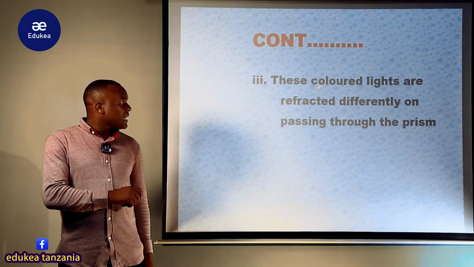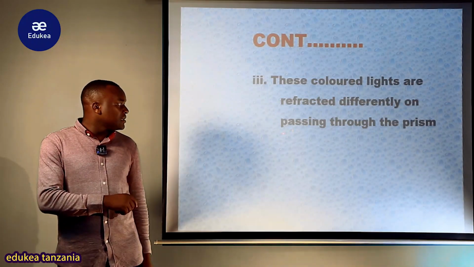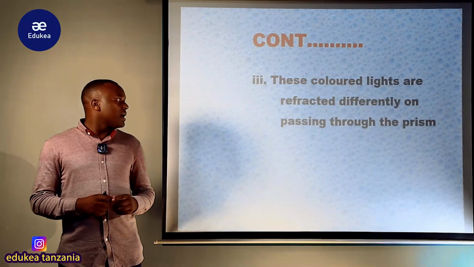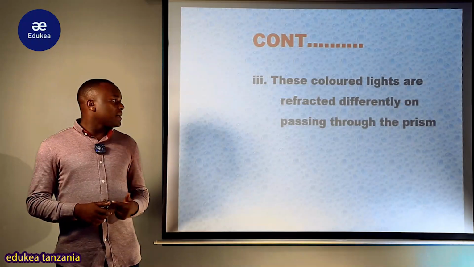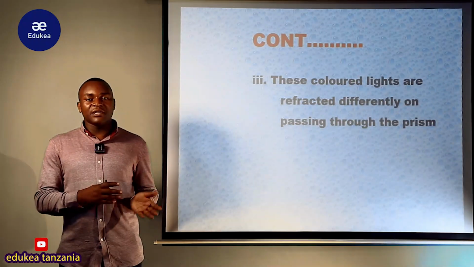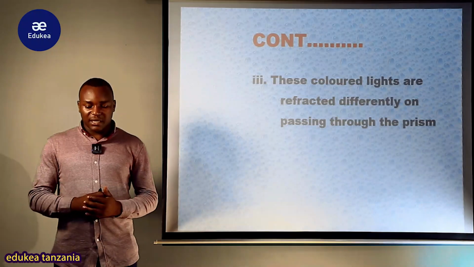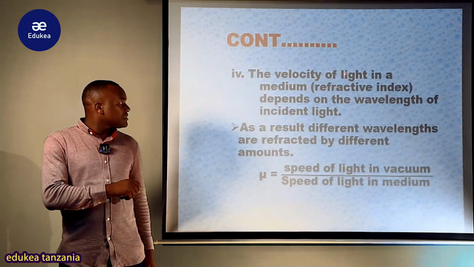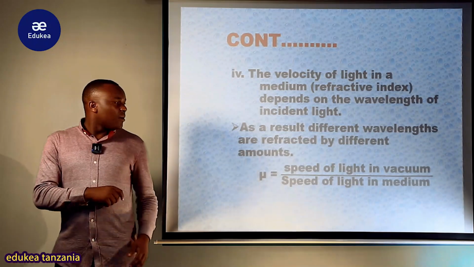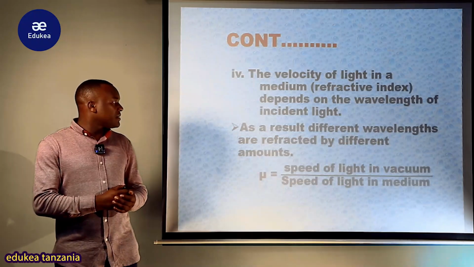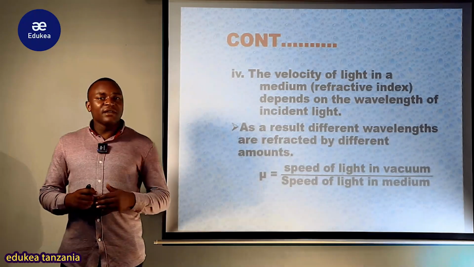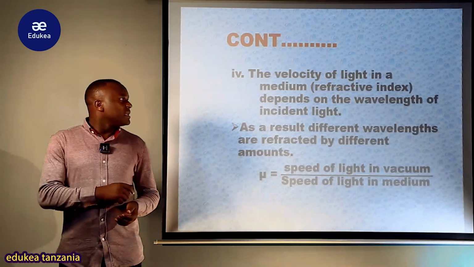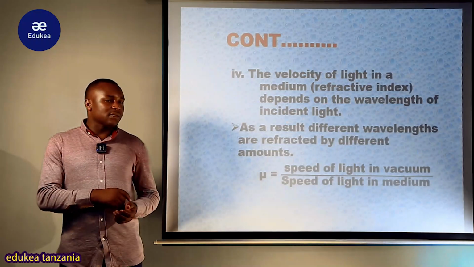So we say the colored light is refracted differently on passing through the prism, kwamba ile refraction yake inakuwa tofauti zinapopita katika prism. Okay, we say the velocity of light in a medium, or refractive index, depends on the wavelength of the incident light, kwamba velocity of light in any medium ina depend katika wavelength of incident light.